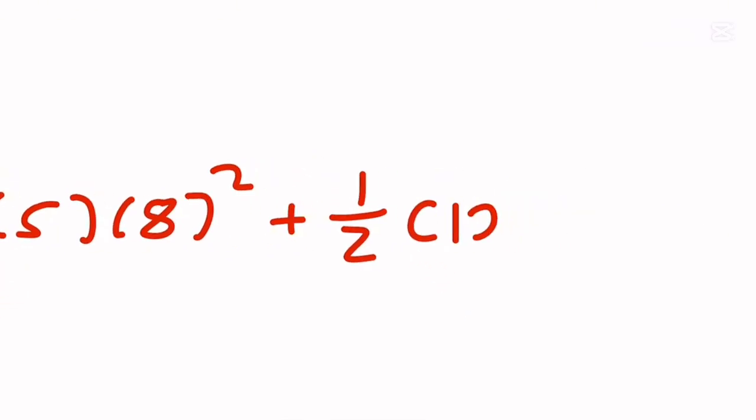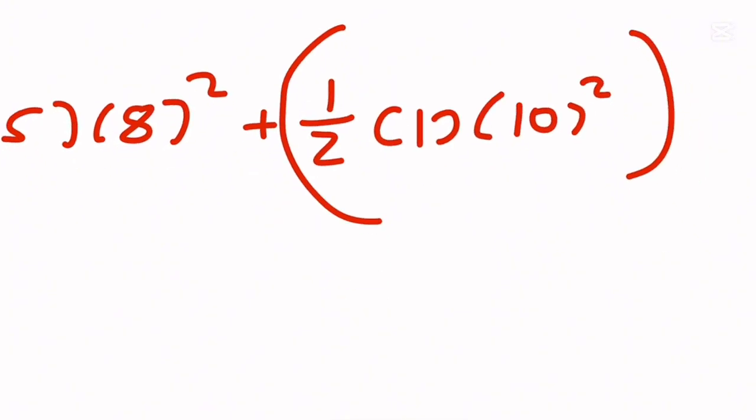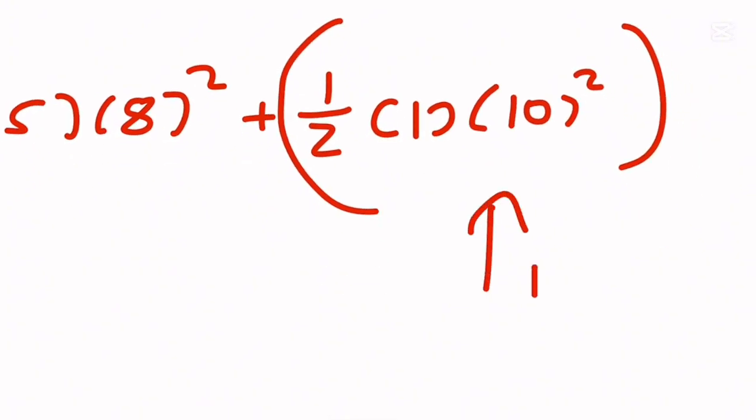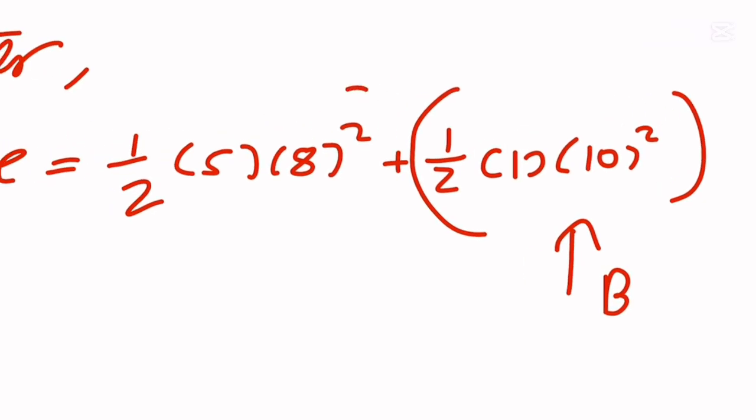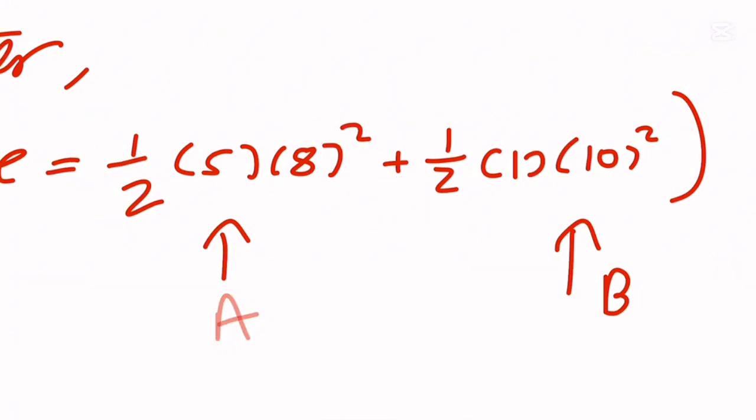This is the kinetic energy of ball B, and this is the kinetic energy of ball A, and we're adding those kinetic energies together to find the total sum of kinetic energy after the collision. Alright, so let's do that.